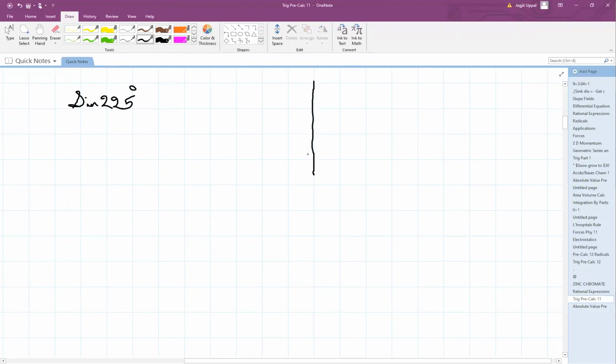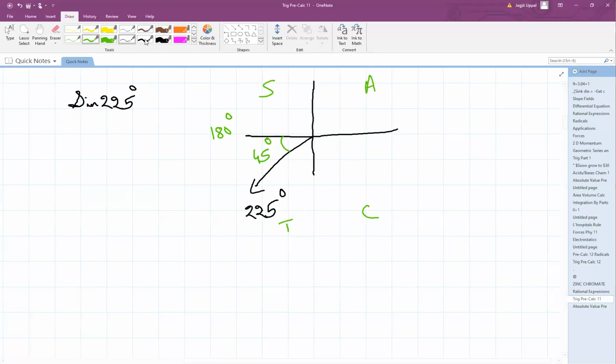So which quadrant is that going to fall in? The reference angle, which is going to be 225 minus 180, is 45. And then we're going to write add sugar to coffee. So you say sine of 225 is just going to be sine of 45, except in this quadrant your sine is negative.